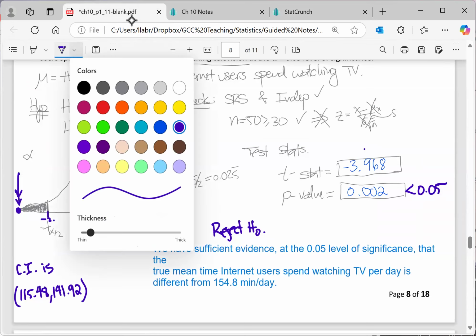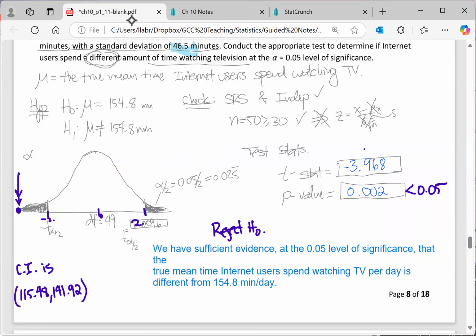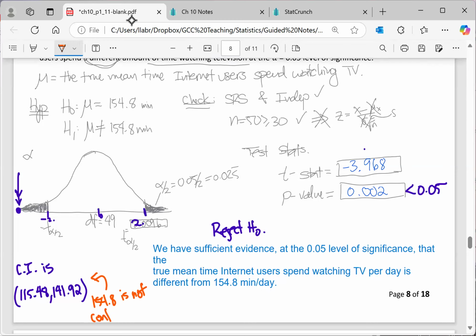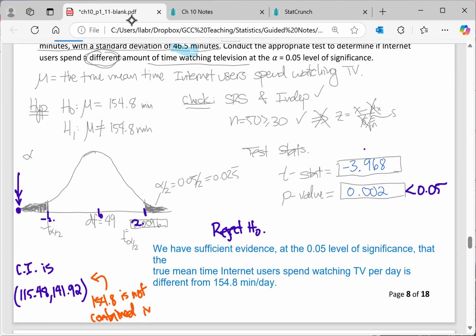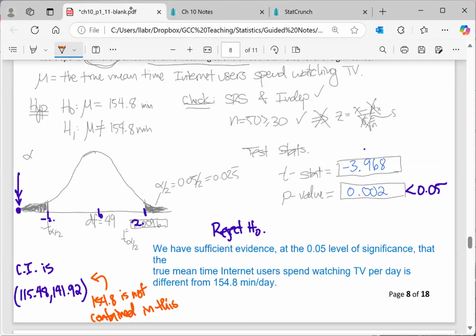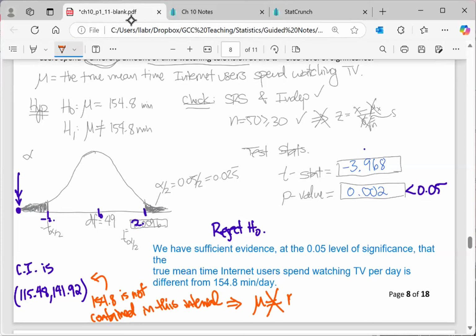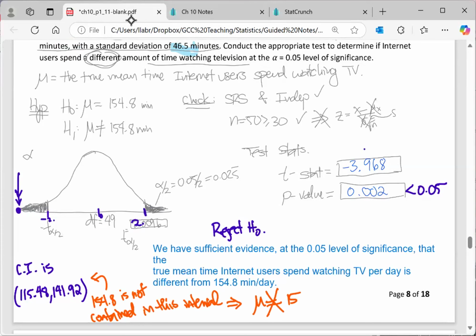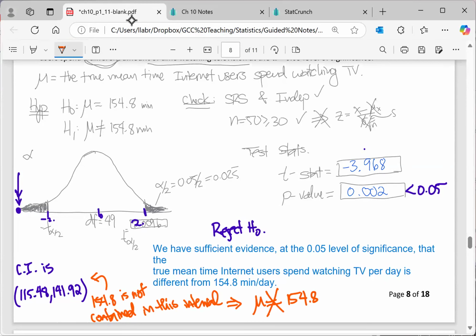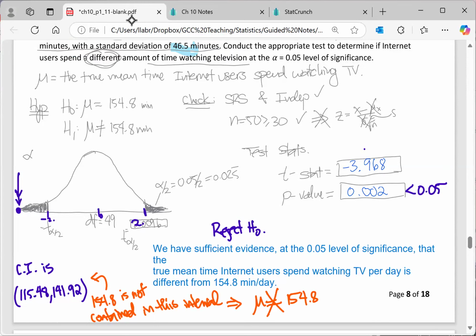So what I want to point out is that 154.8 is not in here. And because it's not contained in the interval, it means that, according to our interval, one of the potential values for mu is not 154.8. It could only be values between 115 and 141.